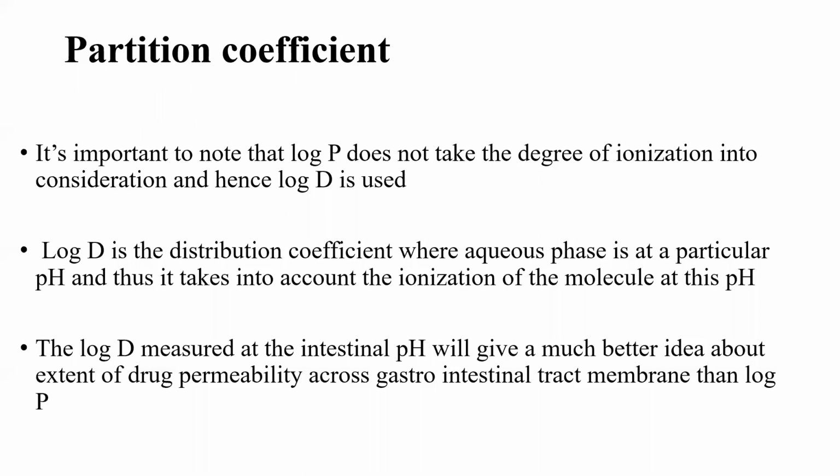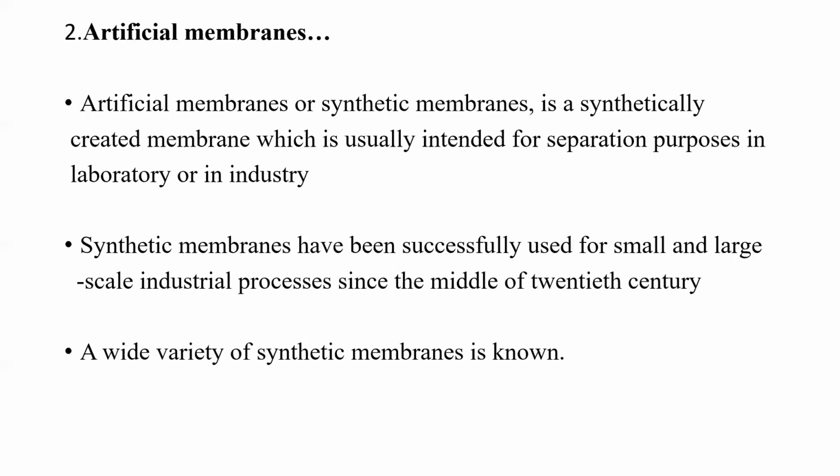Then the second one, artificial membrane, also called a synthetic membrane. This is a created membrane usually intended for separation purposes, used in laboratories or industries, in small scale or mid to large scale industries, and it is available in a wide variety.